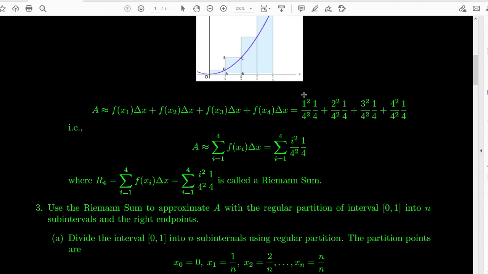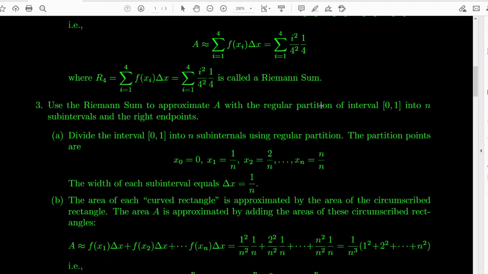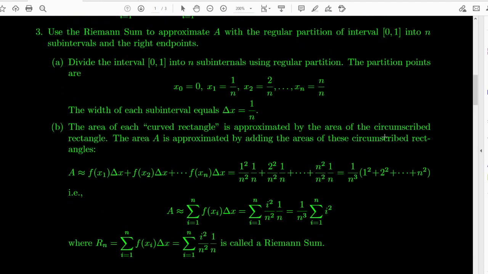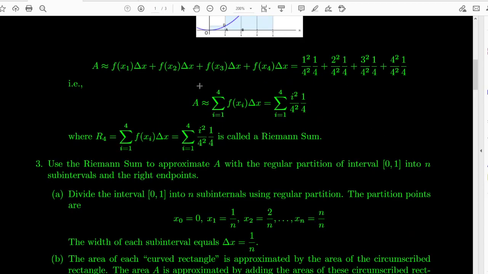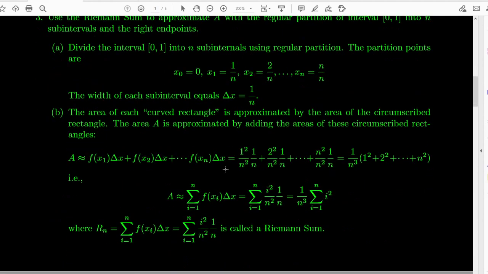For the 4 subintervals, I can let you see the diagram, how to approximate the area of the curved triangle using the total of the areas of four rectangles. But for n, it's hard. Okay, but it's easy to generalize from the case when n value is 4. So do you see the pattern already? You just imagine n value is 4.